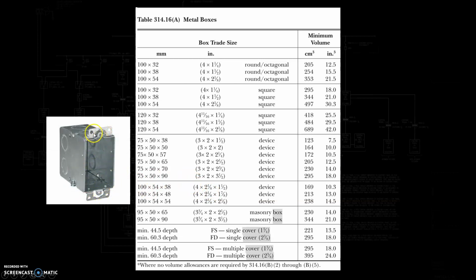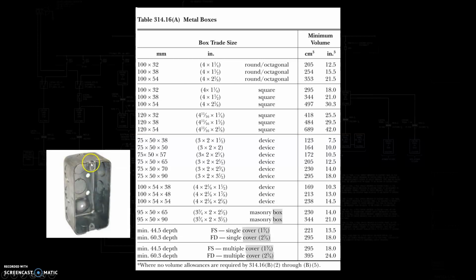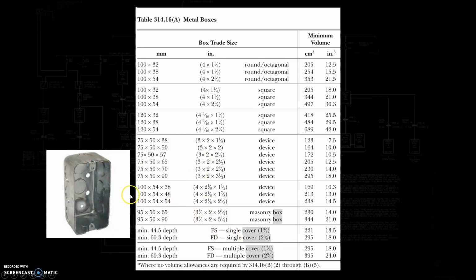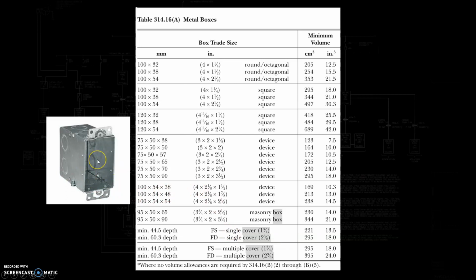These screws are the same distance apart. Notice on the bigger size here, they're inside the box. On the smaller size, they're outside the box. So naturally that box is smaller than this box. That's how you can tell. This would be known as a handy box. This one's known as an old work box or a cut-in box. But that's how you can make a quick reference and tell the difference.